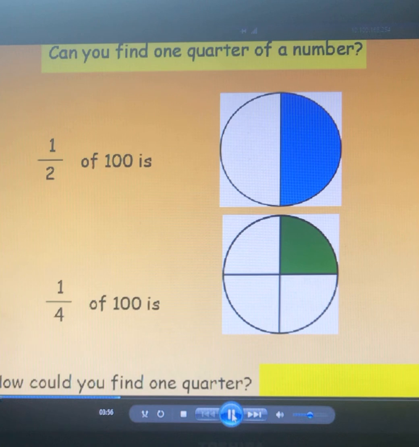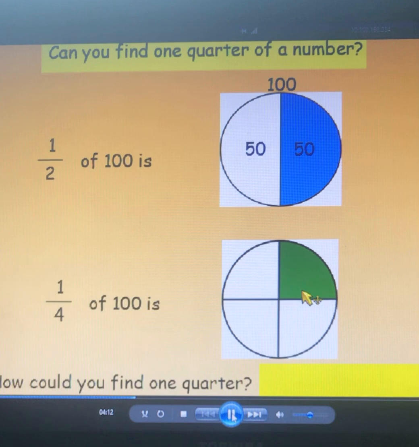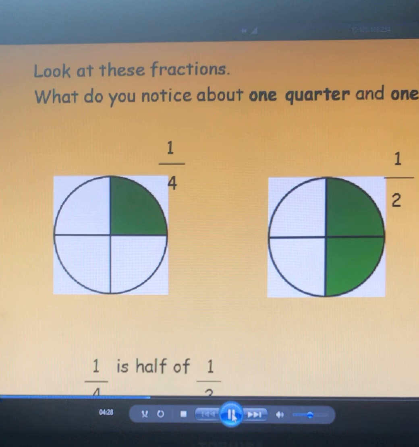Okay, so half of 100. So 100 is our whole number. Half of 100, we'd have 50 on this side and 50 on this side. But this time we want to find 1/4 of 100. So we've got 100 as our number, but we want to find a quarter. I said half.